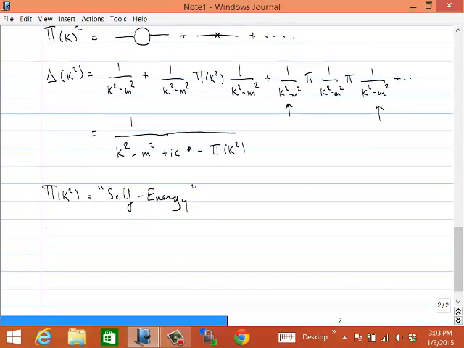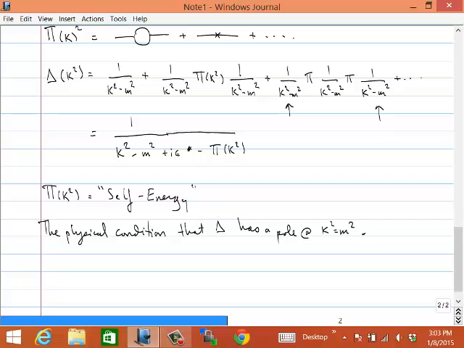And then the statement that we impose our physical conditions, that the one-particle states are normalized appropriately and that m squared is the physical mass squared, which turned into the physical condition that delta has a pole at k squared equals m squared of residue 1, then turns into very simple conditions on this self-energy pi.